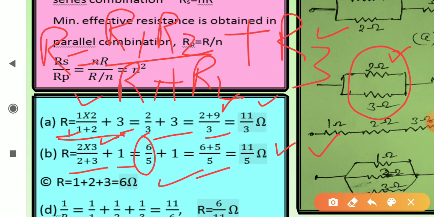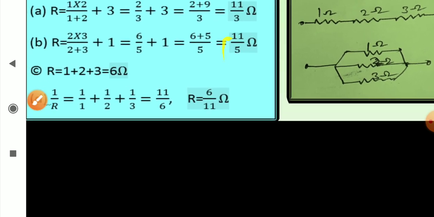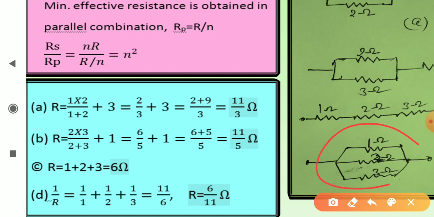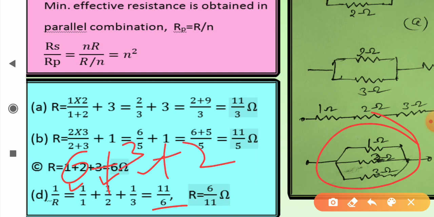And for the last case, see here, when the sum is minimum, 1, 2, 3 they are connected in parallel. So 1 upon R is 1 upon 1 plus 1 upon 2 plus 1 upon 3. Their LCM is 6. And then what do you get? 1 into 6 is 6, 1 into 6 is 6 plus 2 into 3 is 6 plus 3 into 2 is 6 in the numerator, and 6 plus 3 plus 2 कितना हो जाएगा, आपका 11 upon 6.